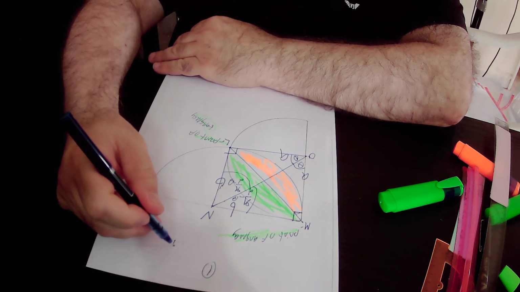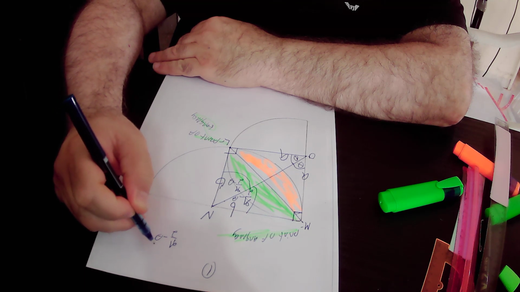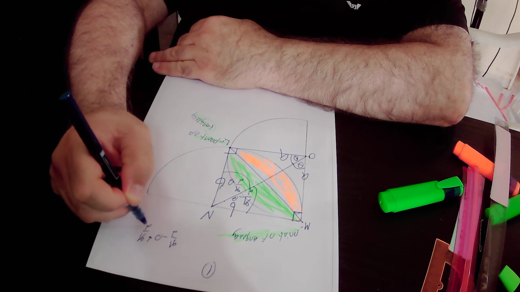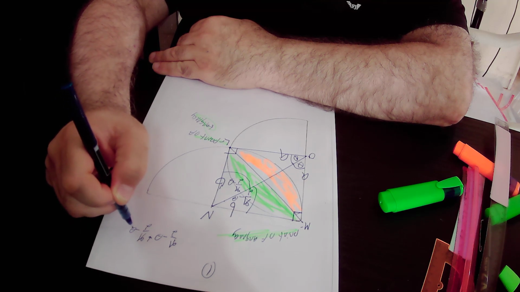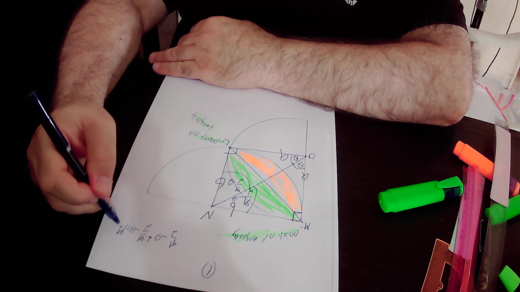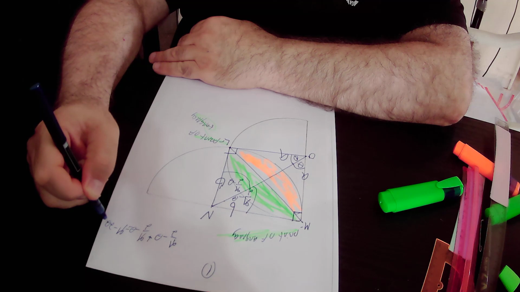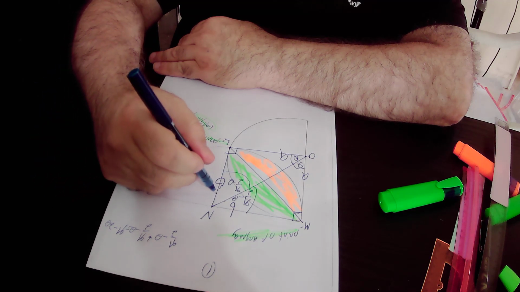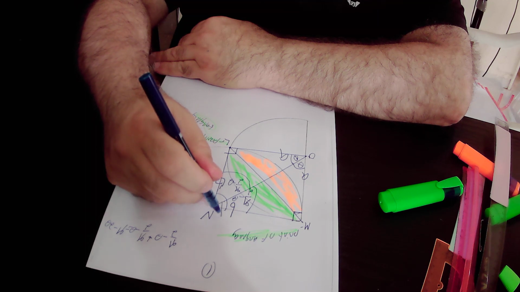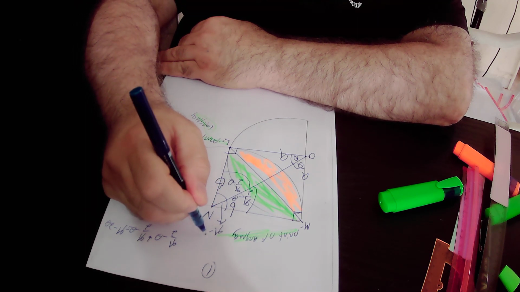That is to say, it is equal to pi over 2 minus theta plus pi over 2 minus theta. Pi over 2 plus pi over 2 is pi. Minus theta plus minus theta is minus 2 theta. So in conclusion, we found that angle MNL equals pi minus 2 theta.